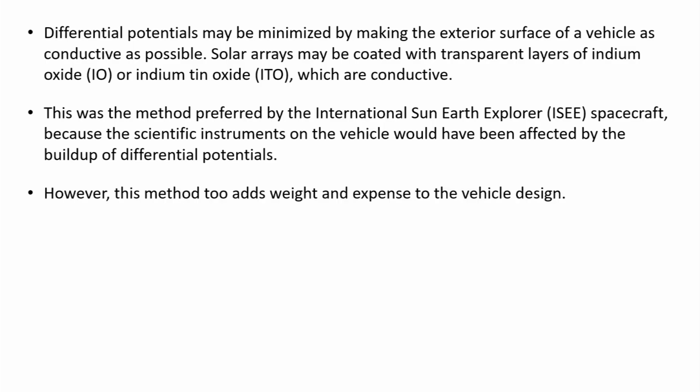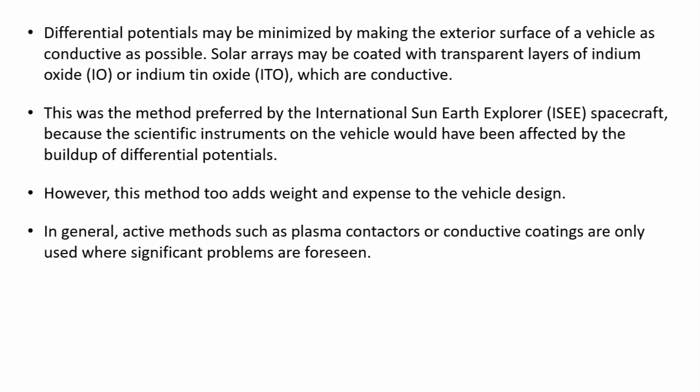But all these techniques add weight and cost to the vehicle design. So, as I said, the active methods, that is the plasma conductor, or the passive conductive coating, are only used where significant problems are foreseen.